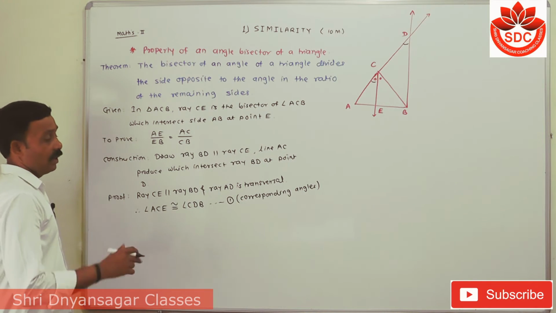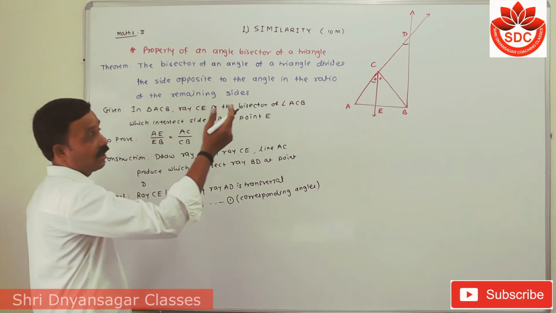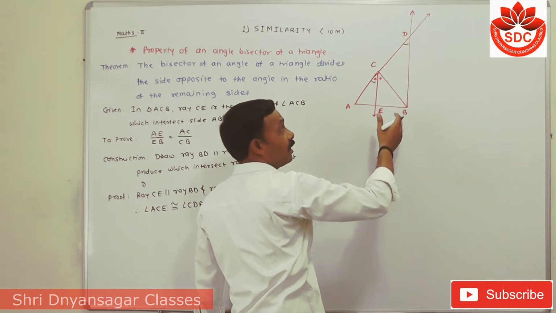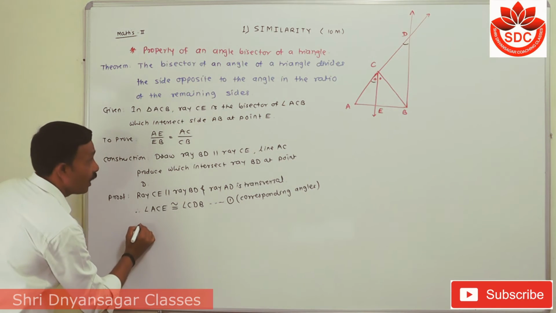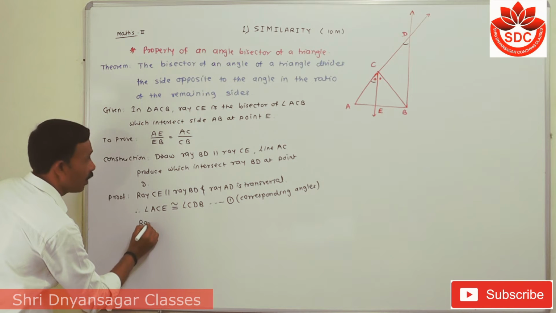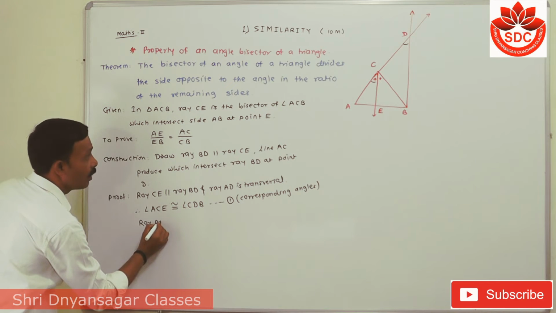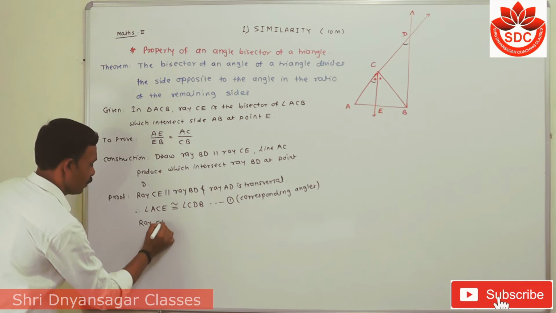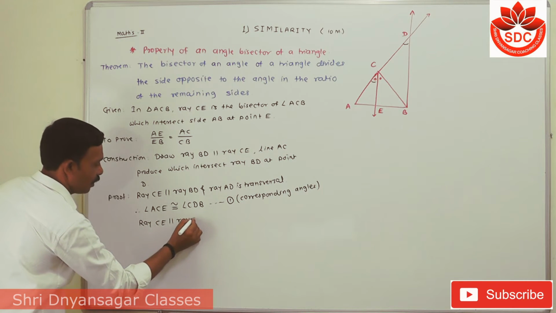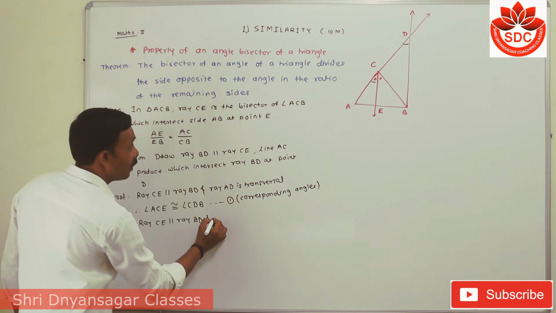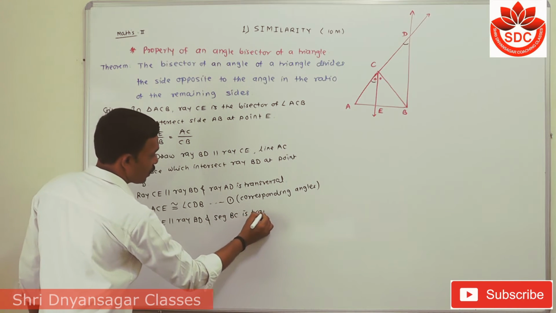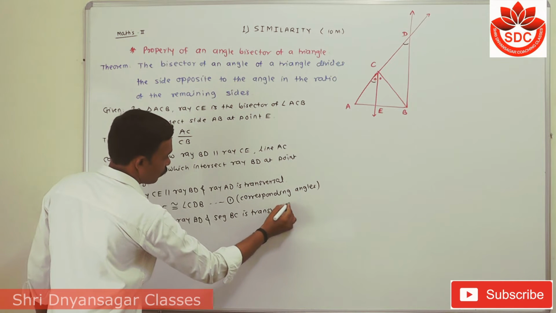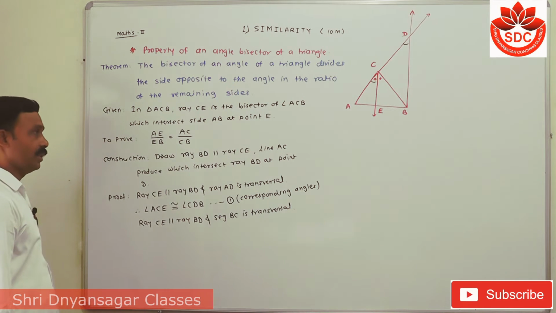Now we take the next: segment BC is the transversal of these two parallel lines. Then here I have to write: ray CE is parallel with ray BD and segment BC is transversal. This is by construction.